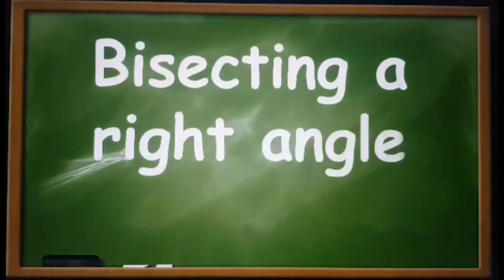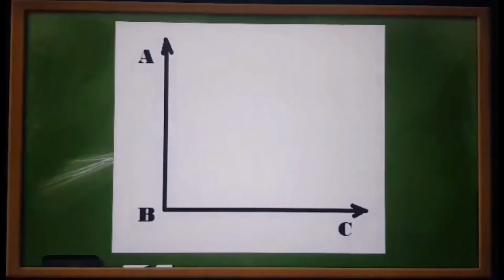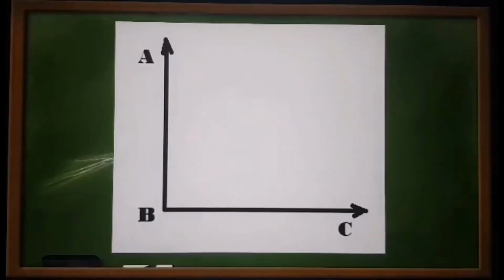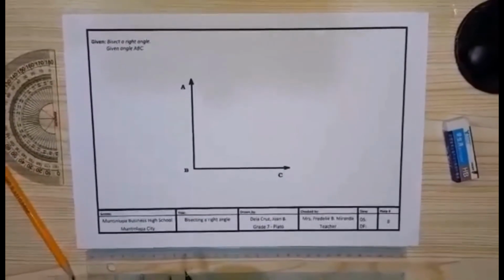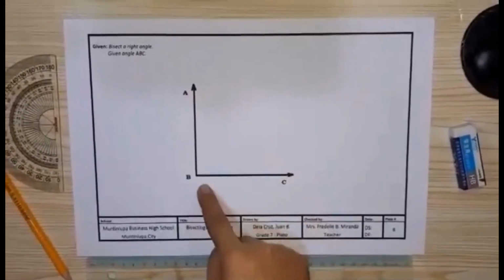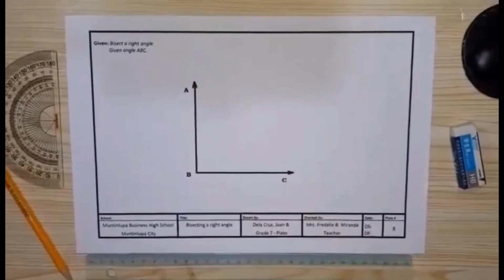This time, try to solve this geometric problem. Bisecting a right angle. The same procedure we did in bisecting an acute angle. Steps in bisecting a right angle. Step 1.